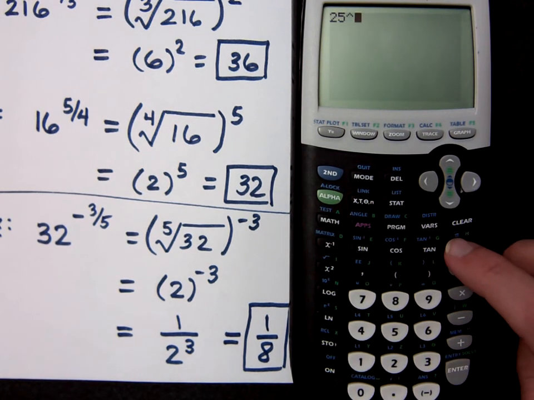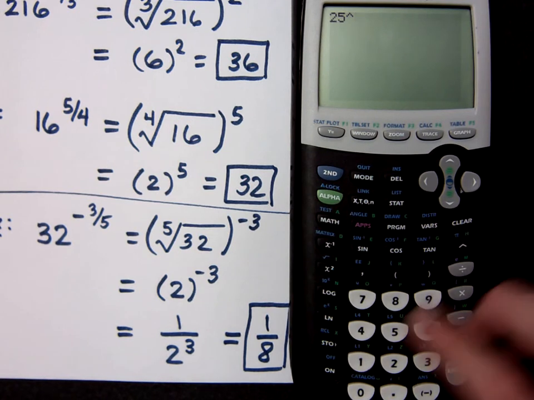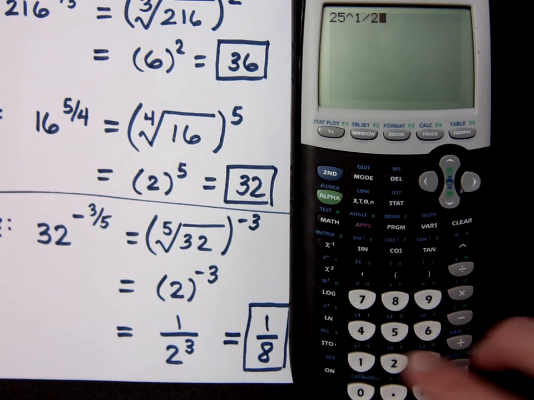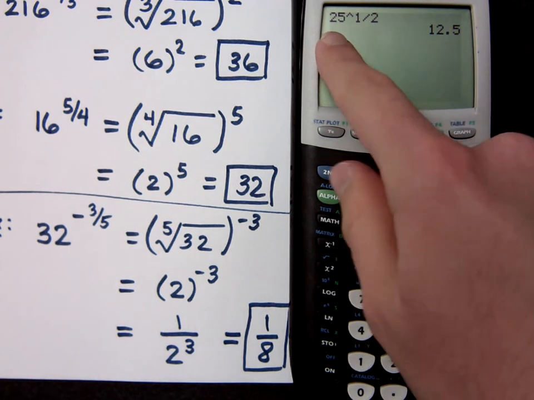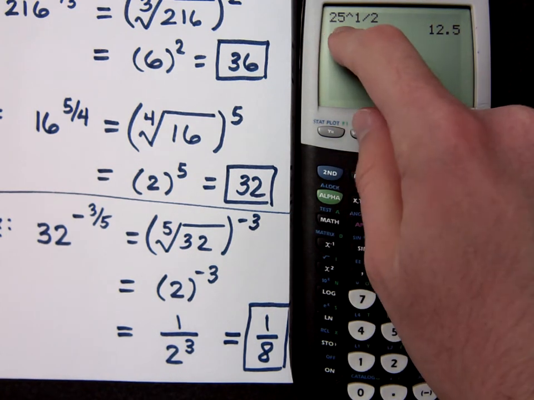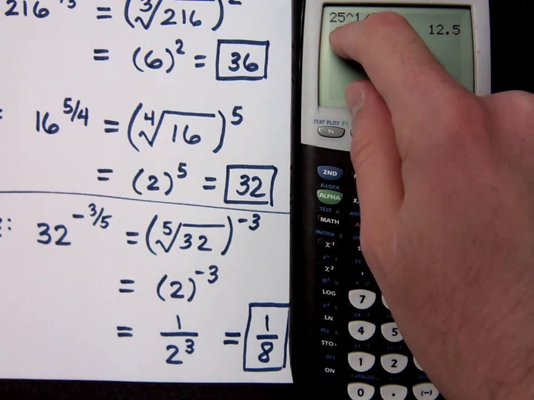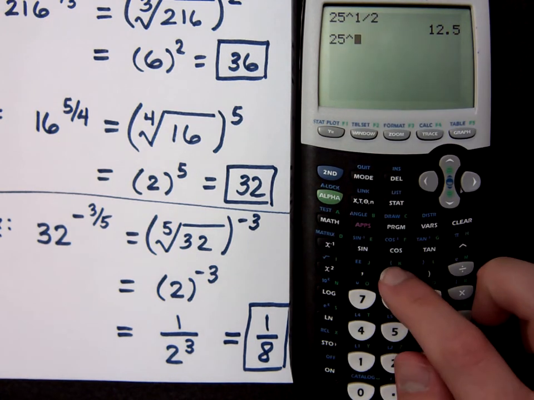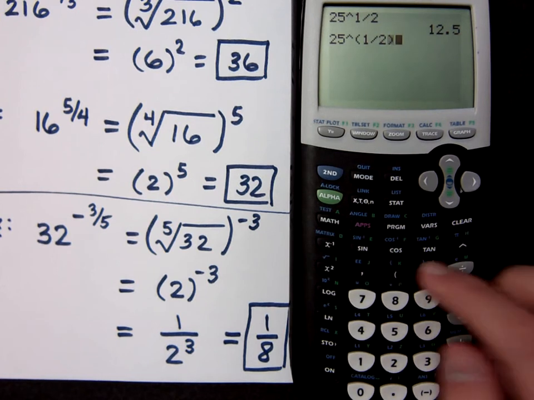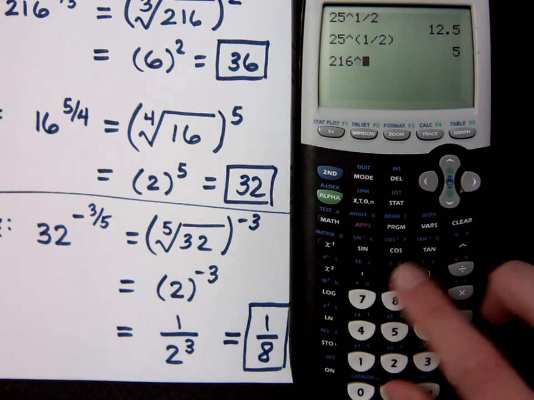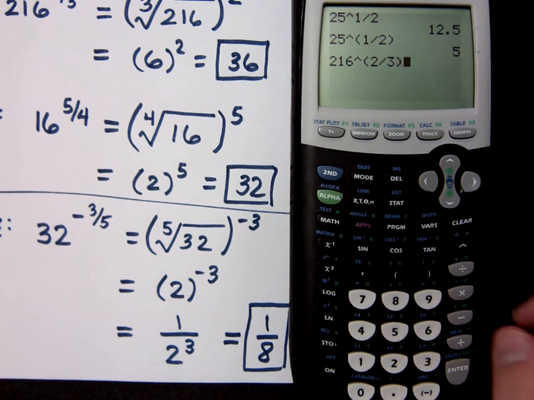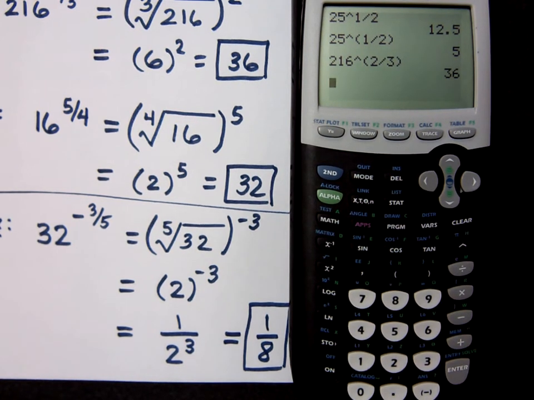But make sure you put the fraction in parentheses, because 25 to the 1 divided by 2 without parentheses gives 12.5: the calculator takes 25 to the first power and then divides the whole thing by 2. There's your 5. If I have 216 raised to the 2/3 power in parentheses, I get 6.